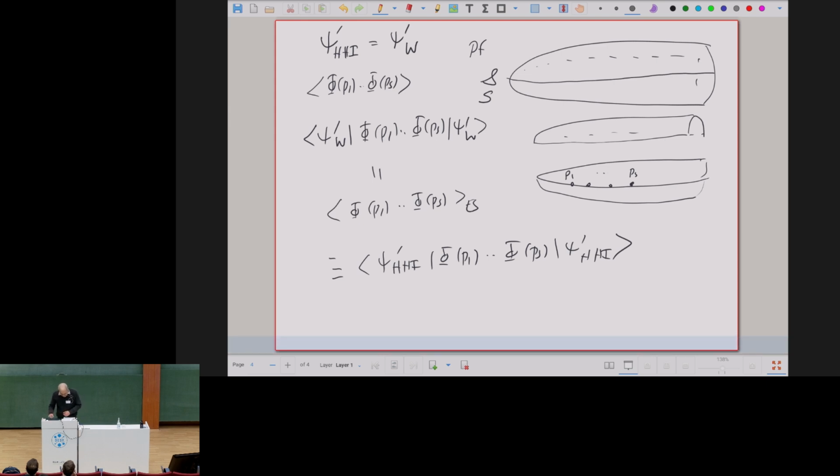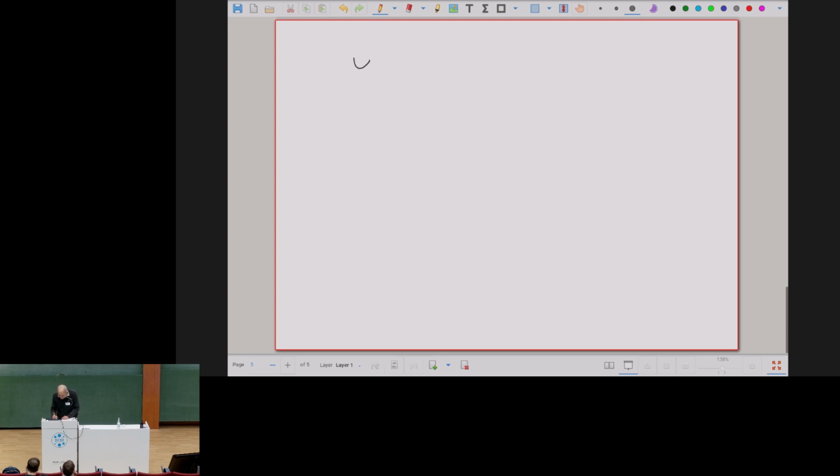So, hopefully we've convinced ourselves that the normalized Hartle-Hawking-Israel state, which is the one whose expectation values are the Euclidean Schwarzschild correlation functions, is a quantum state because of this relation.